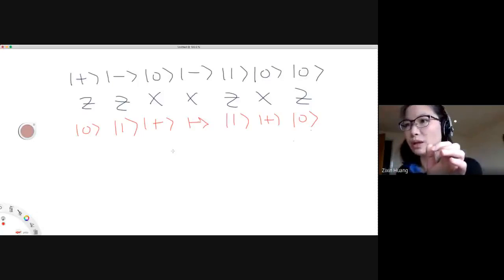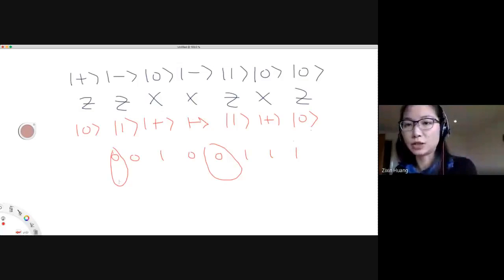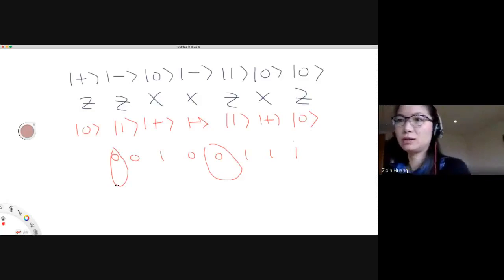For example, if the key that Alice shares with Bob is 0, 0, 1, 0, 0, 1, 1, 1, you care if Eve actually knows for sure what some of these bits are. You don't care that Alice and Bob end up with a shorter key than Alice has generated, but you do care that the eavesdropper knows what it is.